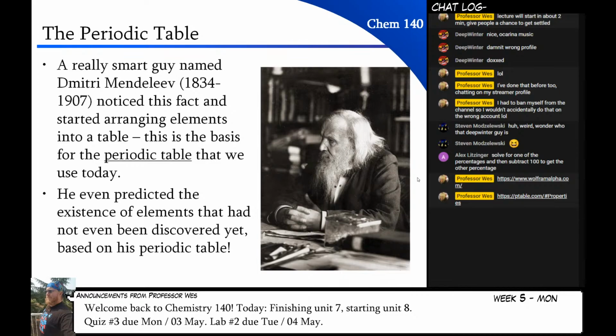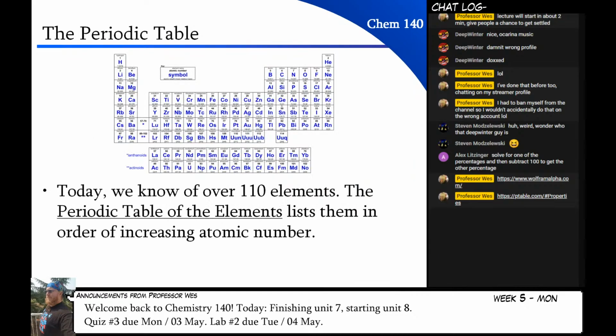The predictive power of the periodic table is super useful in an era when not all the elements have been discovered or isolated. Nowadays, it's useful for other things, but we use the periodic table for all sorts of predictive properties, and so that's what we're going to do. We've arranged the periodic table in order of increasing number.